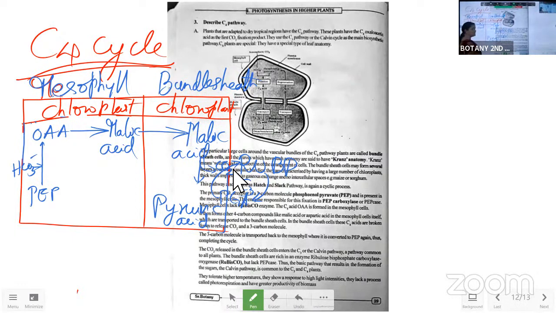Like that, the C3 cycle continues in the bundle sheath chloroplast, and at the same time, one molecule of water is released.